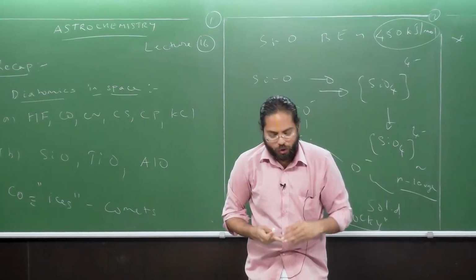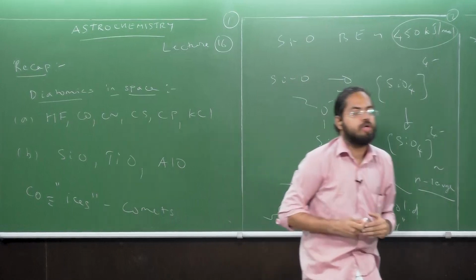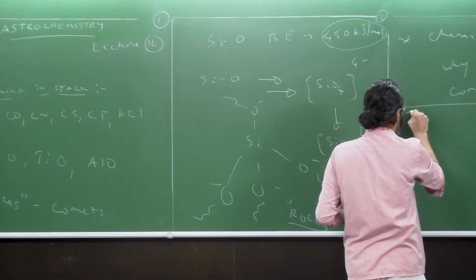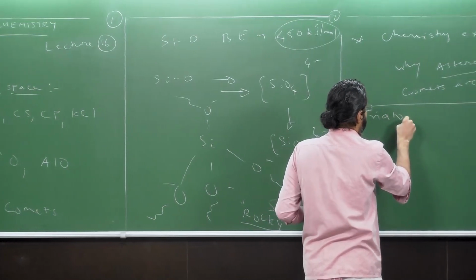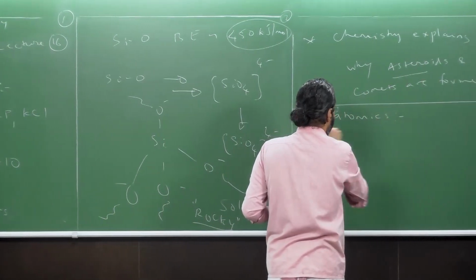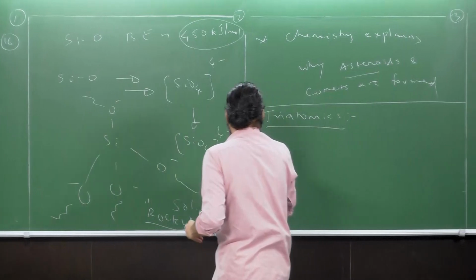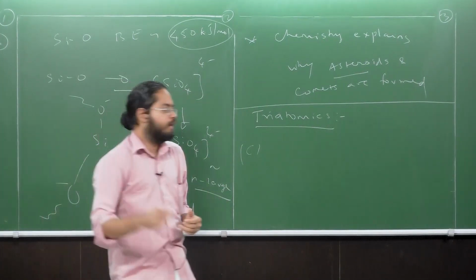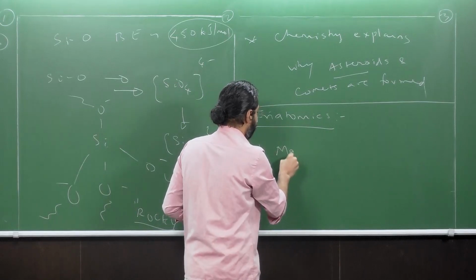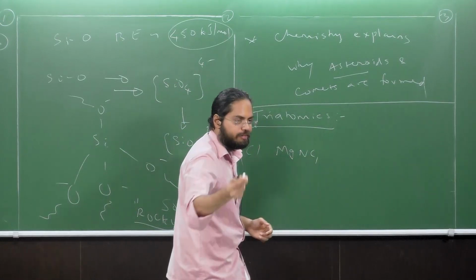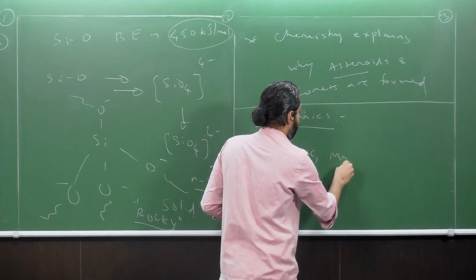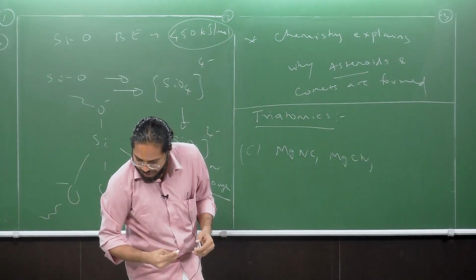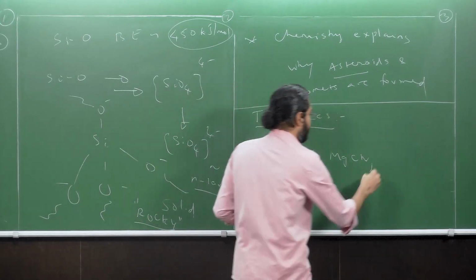We shall now move on to the triatomic molecules which have been detected in space. Some key triatomics. Now, what are some examples going to be? Some examples are going to be, for example, MgNC, MgCN, and AlNC.